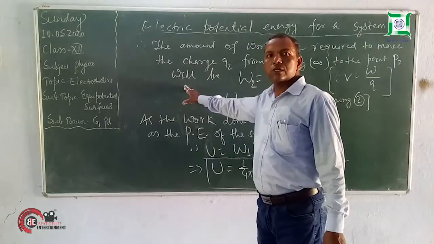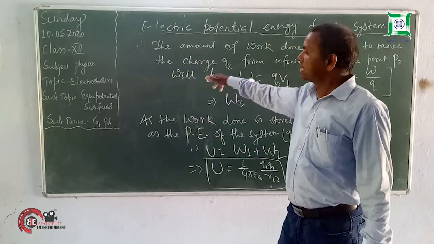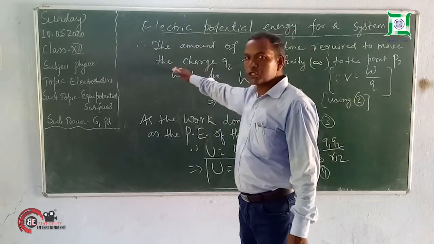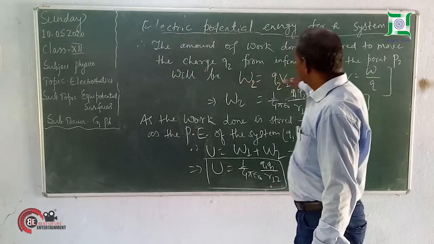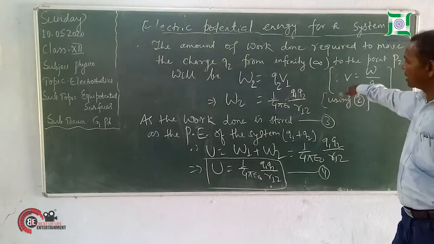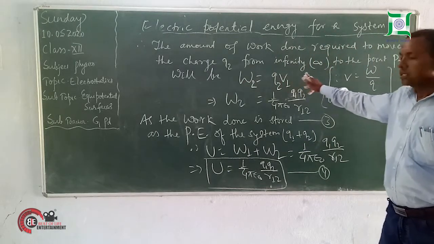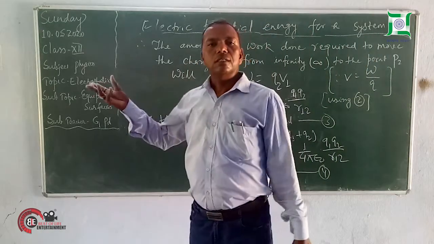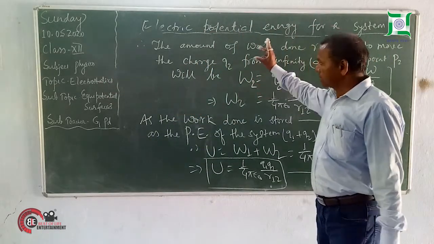In the first case, the concentric spherical surfaces represent the equipotential surfaces, and in the second case, the dashed curves represent the equipotential surfaces. Then we learned the properties of equipotential surfaces.